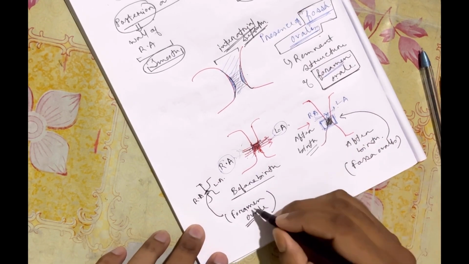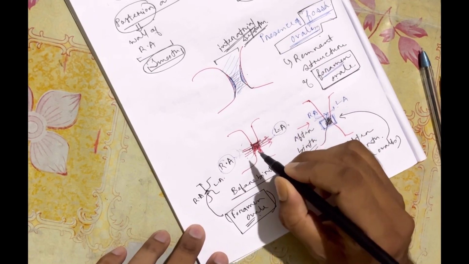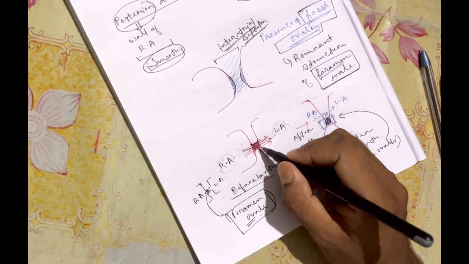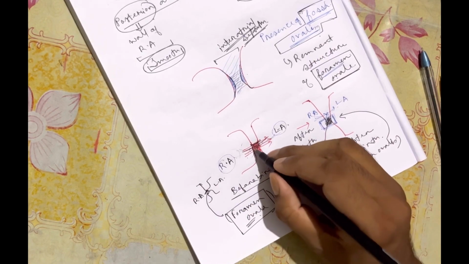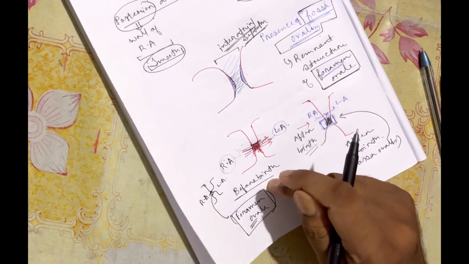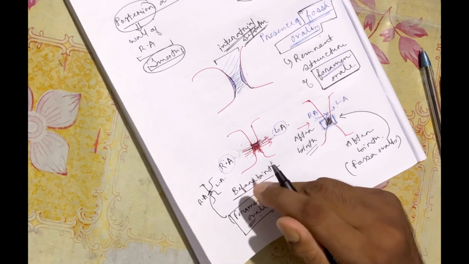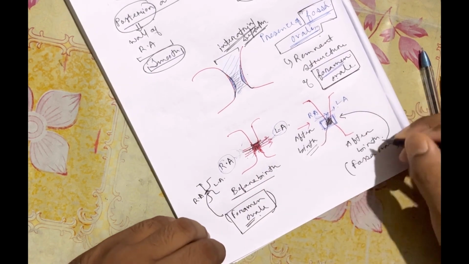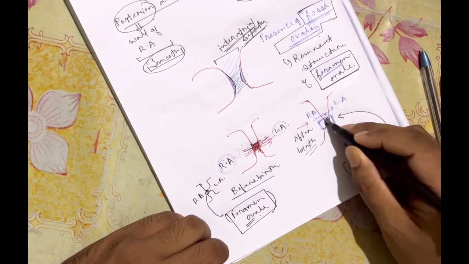So don't get confused. The foramen ovale is the particular hole which is present in a fetus or embryo when it is in the mother's womb. But the fossa ovalis is a particular kind of depression.